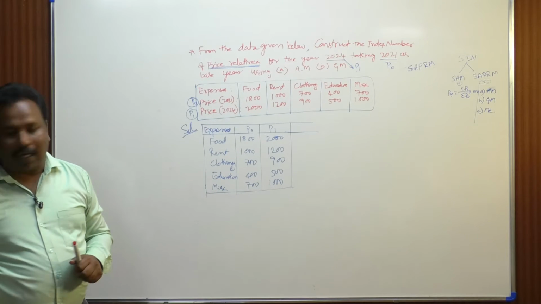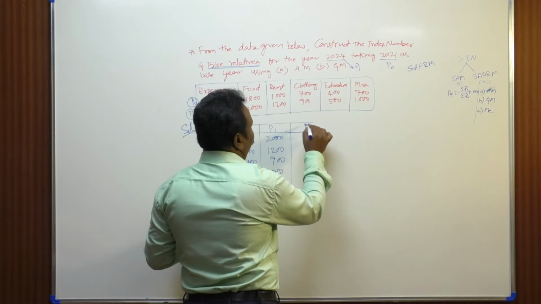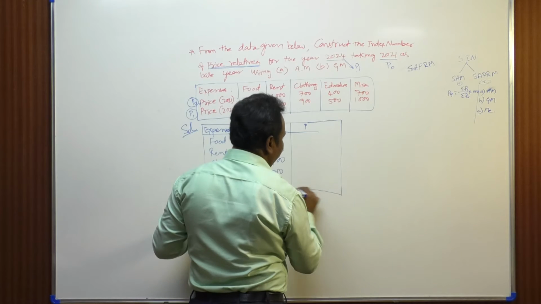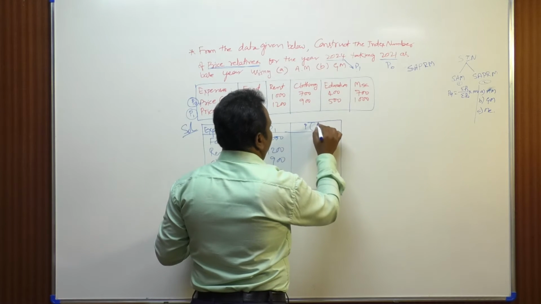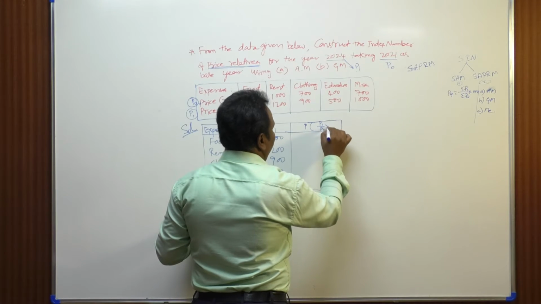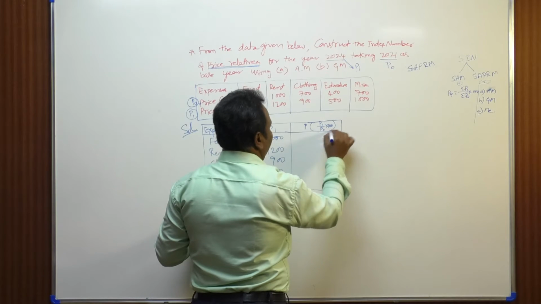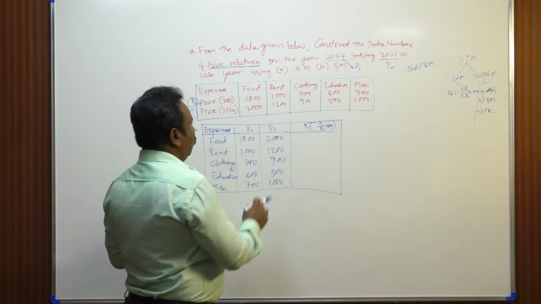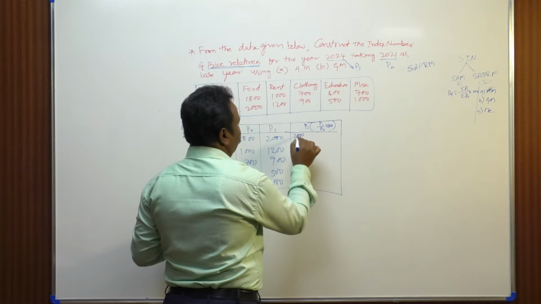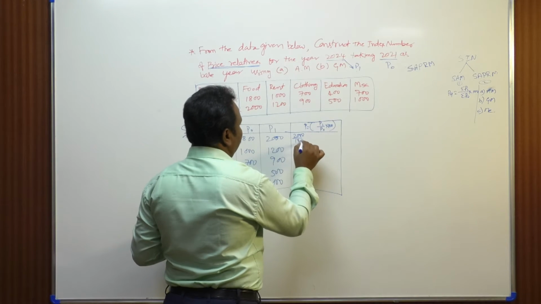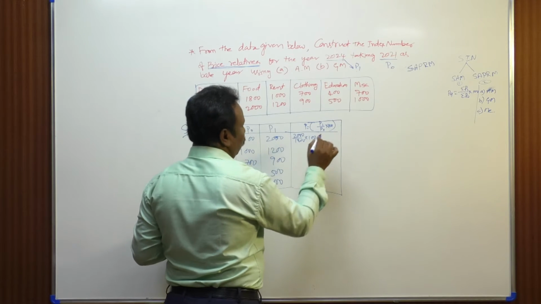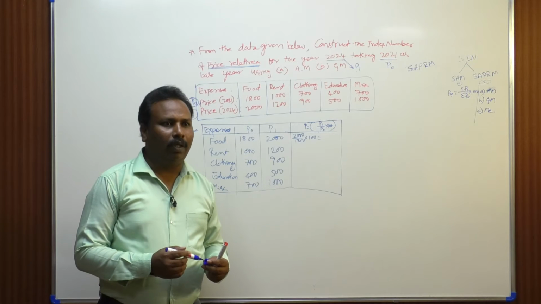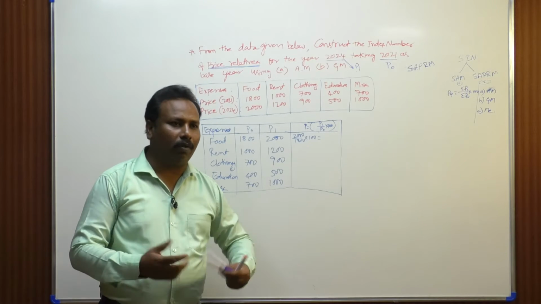Based on that, to calculate, what is the P value? P is calculated as P1 divided by P0 into 100, so 2000 divided by 1800 into 100. Various expenditures are given: food, rent, clothing, education and other miscellaneous expenses.